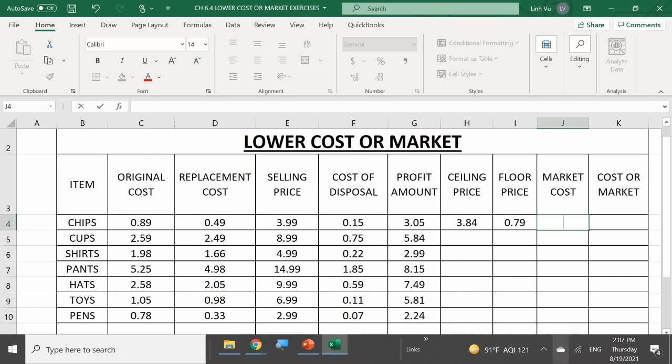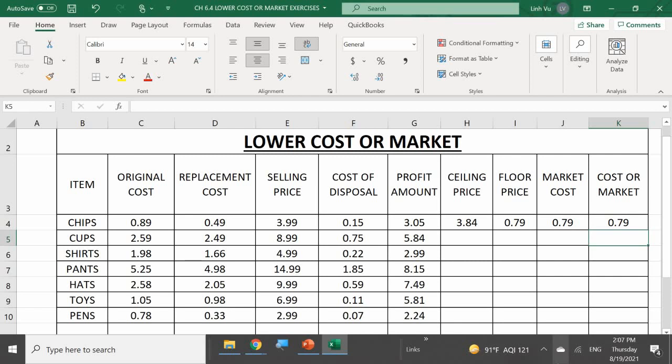Your floor is going to become your market price. So in this case, which one's lower? The market or the original cost? Market. Good, because 89 cents compared to 79 cents, at least here, you're not taking too much of a dip here.